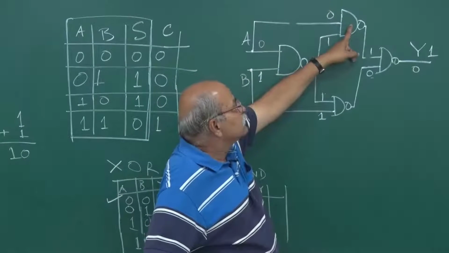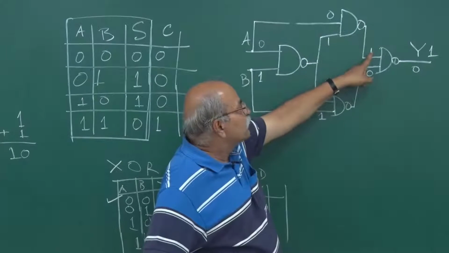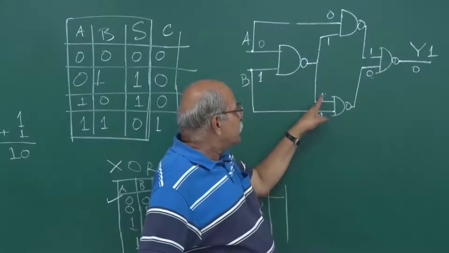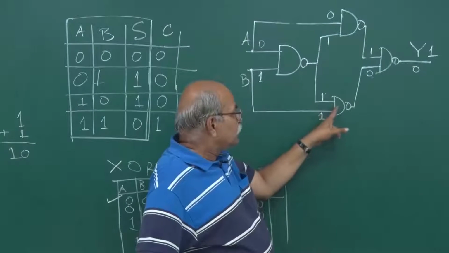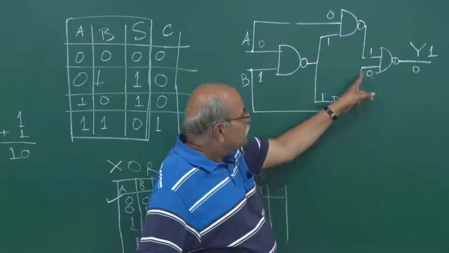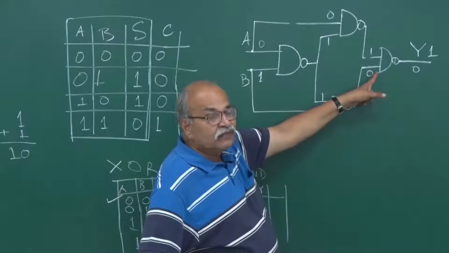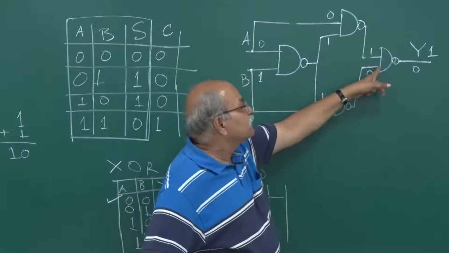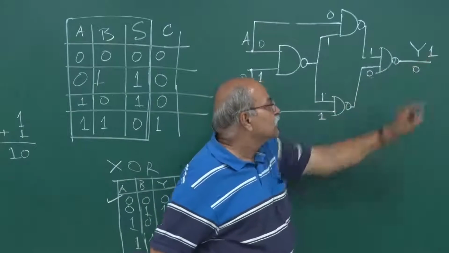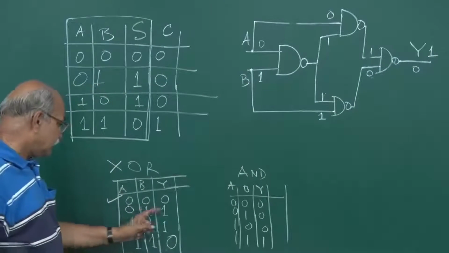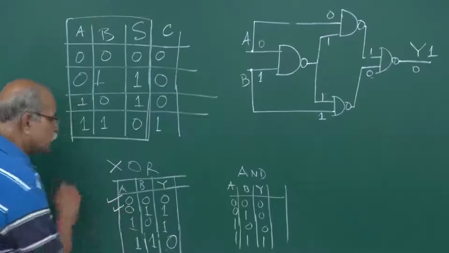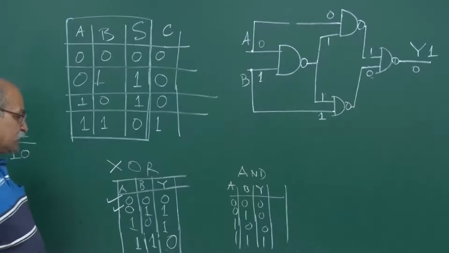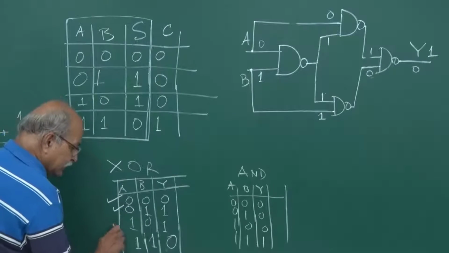So, here it is 0, here it is 1. So, this is 1. And then this side 1 and 1 is 1, and then NOT of that is 0. So, it is 0. 1 and 0 is 0 and therefore NOT of this is 1. So, it is 1. So, 0 and 1 is giving me 1. So, this line is okay. And you understand, if this line is okay, then this line is also okay.